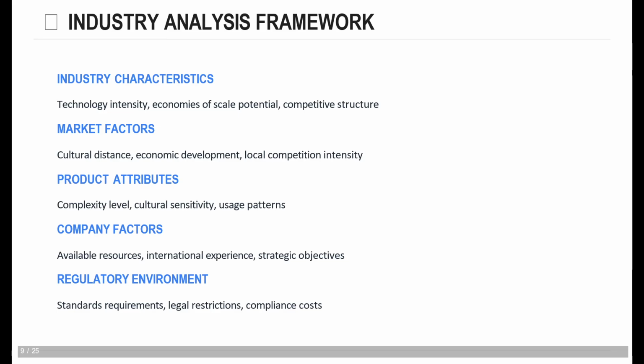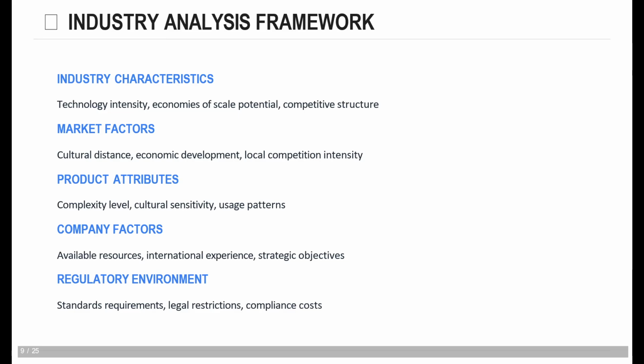And then for the market factors, how culturally distant is the target market? How developed is the economy? How intense is the local competition? And then the product attributes. Is the product complex or simple? Is it culturally sensitive? Are usage patterns similar or different?